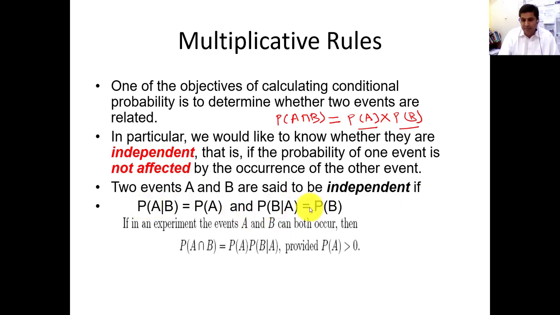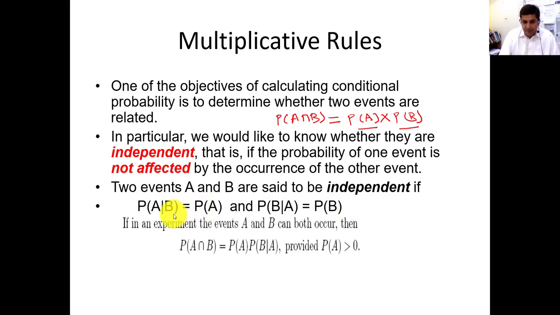So in conditional probability, because we wrote this for two events which are independent, how will you write the concept of independent events? Probability of A given B is equal to probability of A, and probability of B given A is equal to probability of B. Then we will call it an independent event.